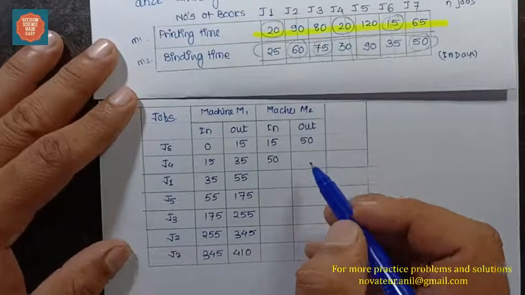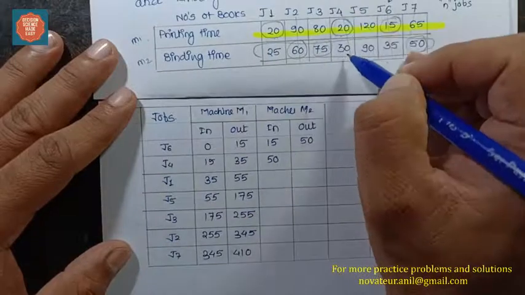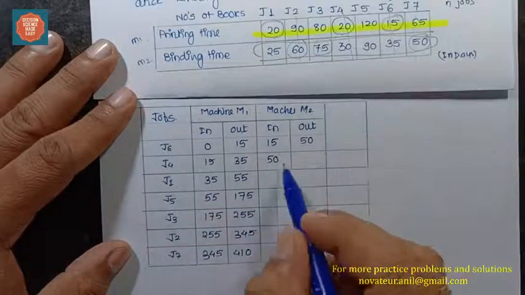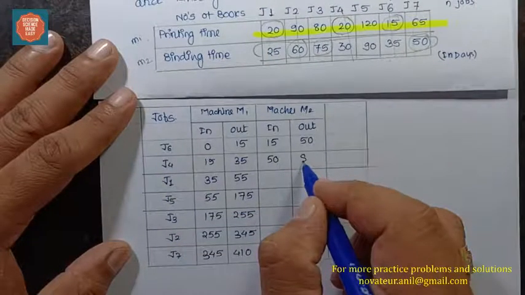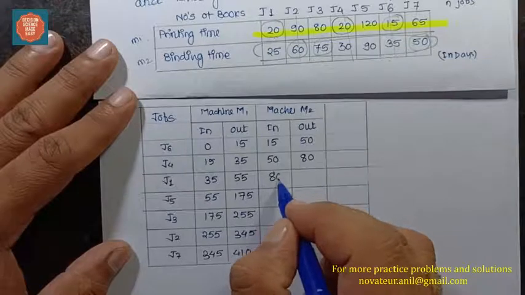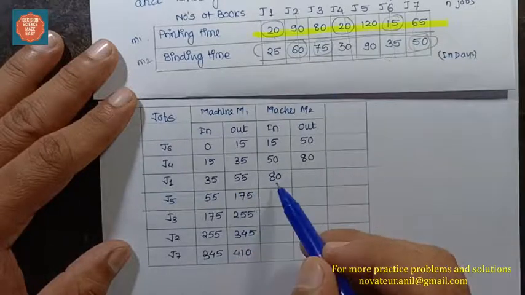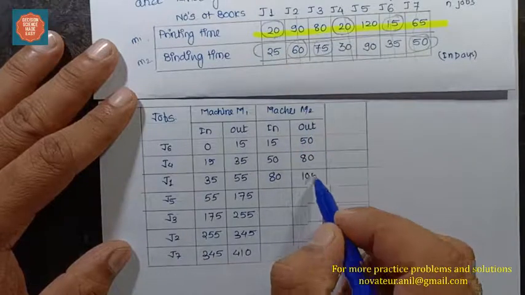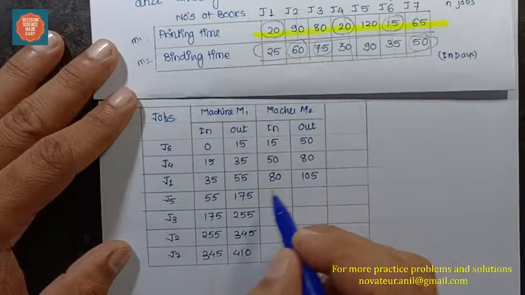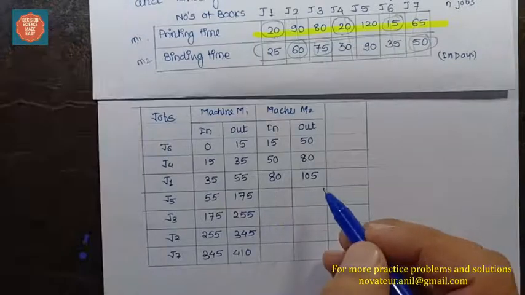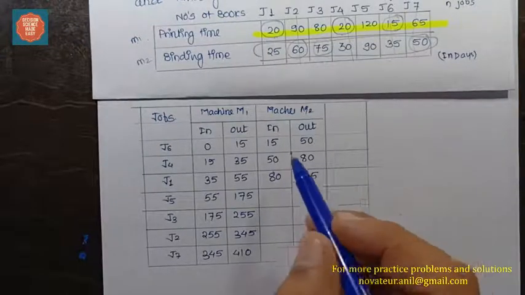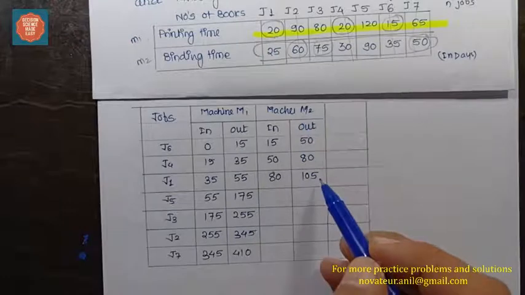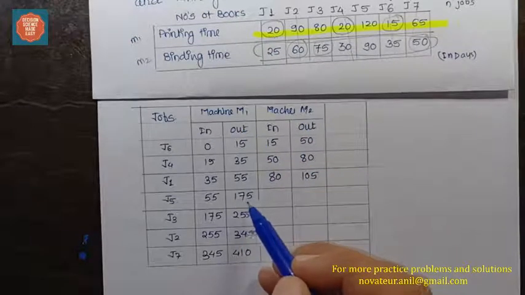So likewise, J4 is 30, so 50 plus 30 is nothing but 80. Similarly, again the next job for M2 will start at 80. J1 is 25, so 80 plus 25 is nothing but 105. 105, 175. Now here you need to understand, machine M2 has finished its job at 105 days, but machine M1 has not finished until 175 days.